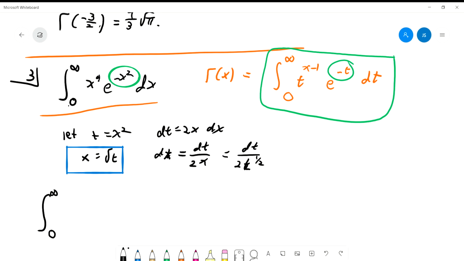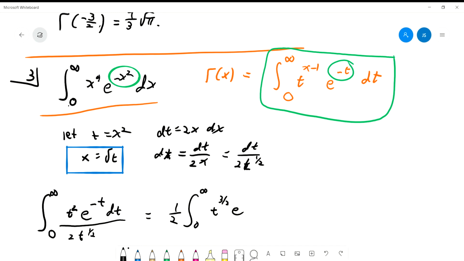So we have the same limits for the integration. x to the 4th is t squared. And then we have e to the minus t, and dx is dt over 2t to the 1/2. So now we can write this as 1/2 the integral from 0 to infinity of t to the 3/2 e to the minus t dt.